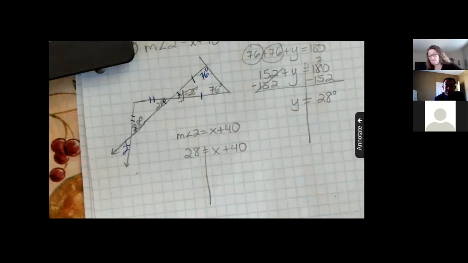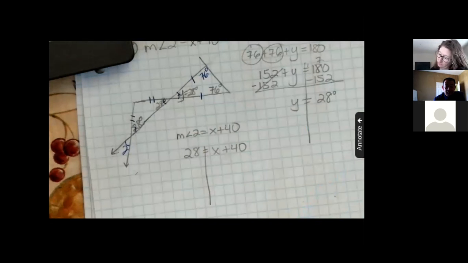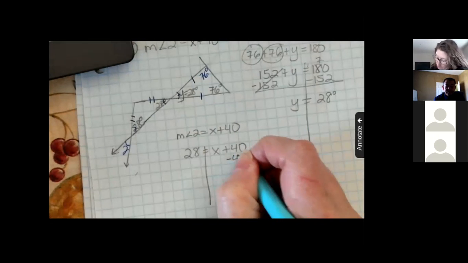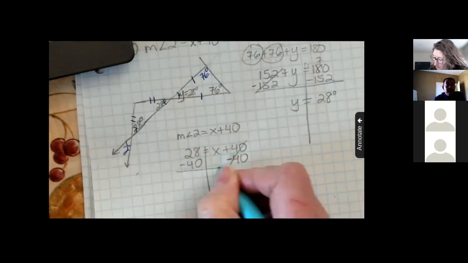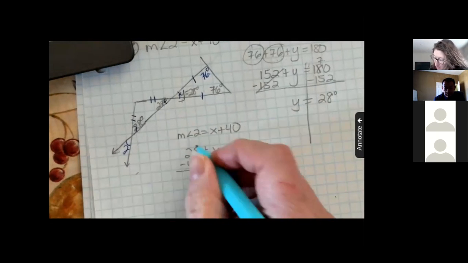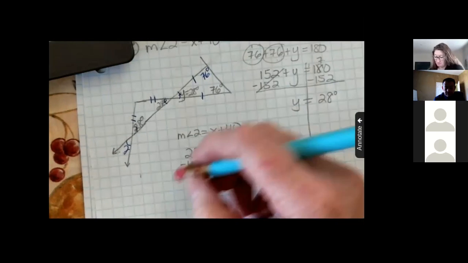If you want 40 to disappear, how can you make the 40 go away? Subtract 40. Yes, that's right, from both sides. If I do it to one, I do it to the other. 8 comes down.